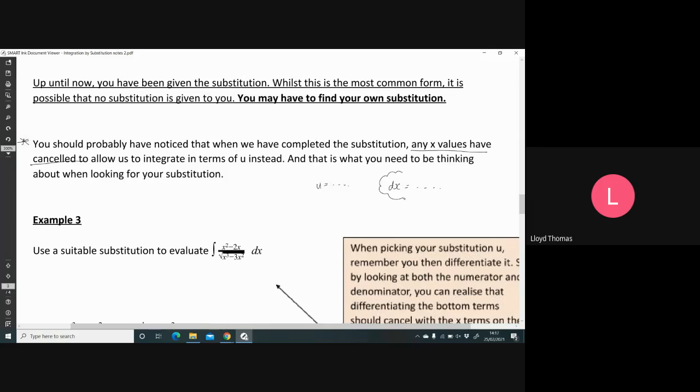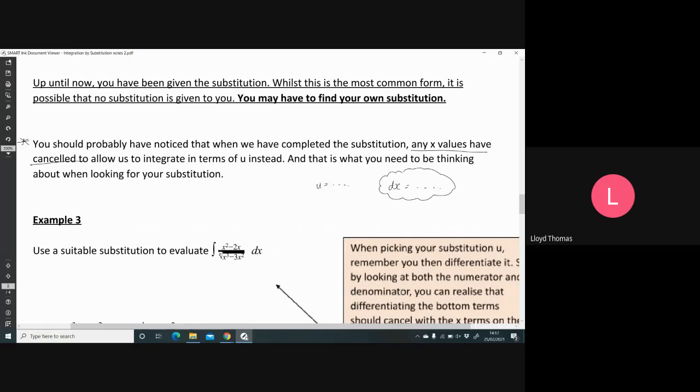This is the important part. Now, I'm looking to pick something to substitute in, but when I differentiate it and rearrange it to get dx, then something cancels out. Now, that may be quite a difficult concept to understand.